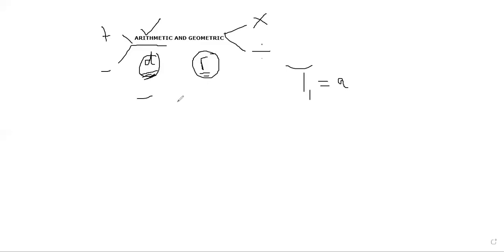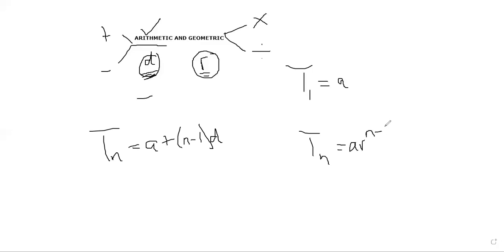So what you have to remember is that for arithmetic, this is the formula. And then for geometric, this is the formula. Easy. Don't get those things confused. Easy, easy, easy. So we'll note those two down, then we'll do a few more examples.